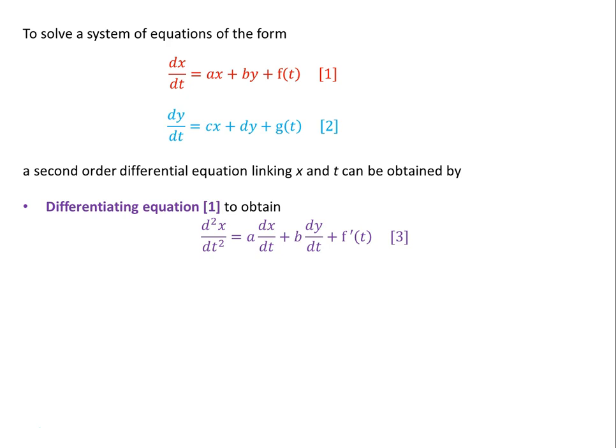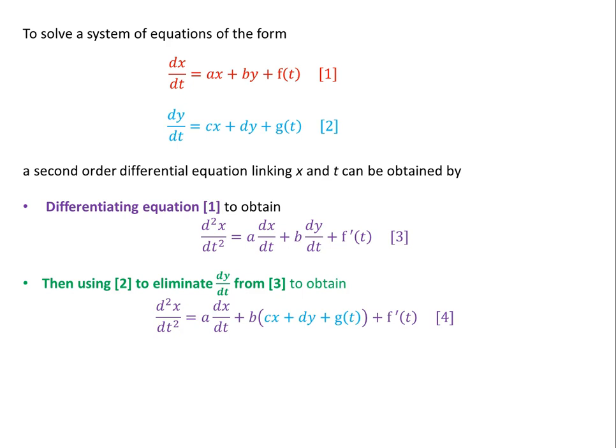Then we substitute for dy by dt using equation 2. So the term b dy by dt in equation 3 becomes b times (cx plus dy plus g(t)).